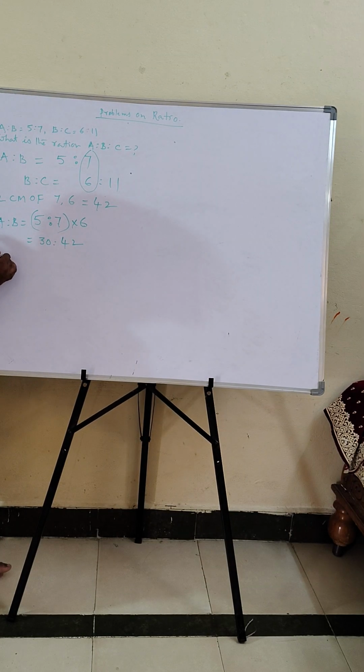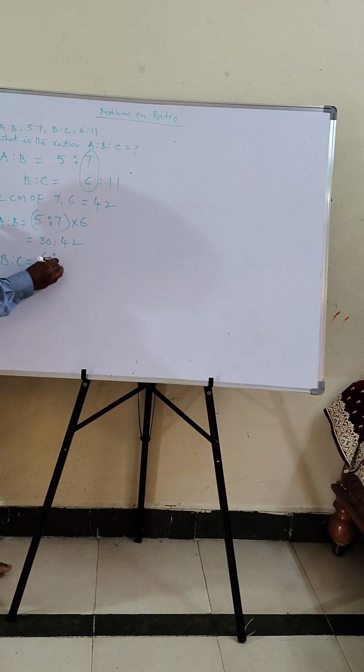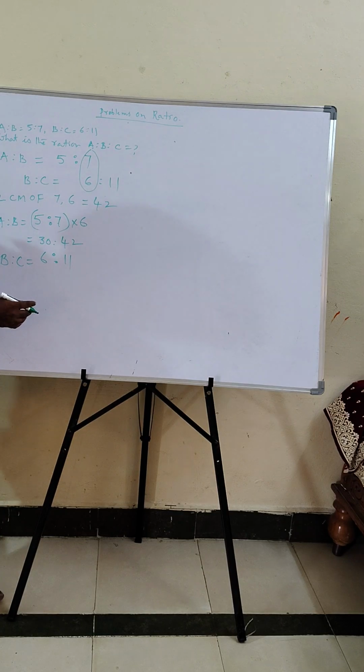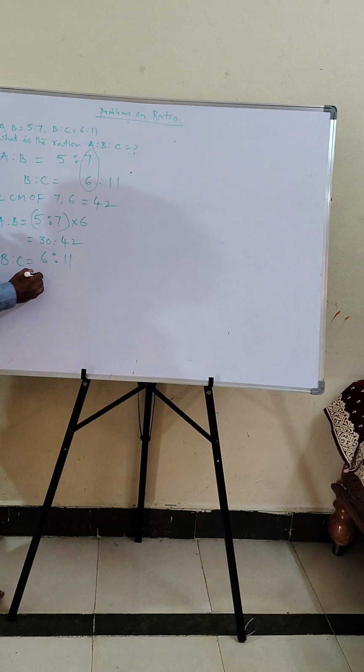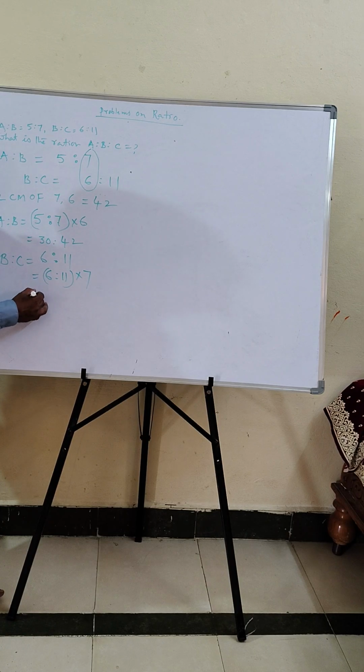Similarly, we take B is to C equal to 6 is to 11. Here 6 7s are 42. That's why we multiplied 6 is to 11 by 7, equal to 42 is to 7 11s are 77.